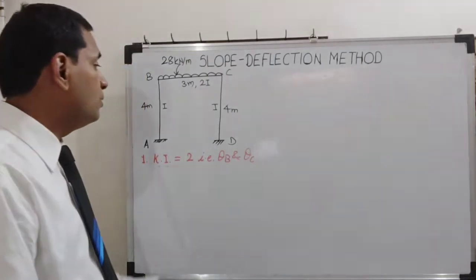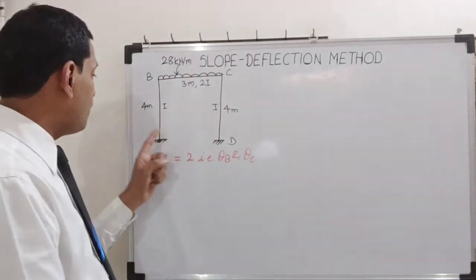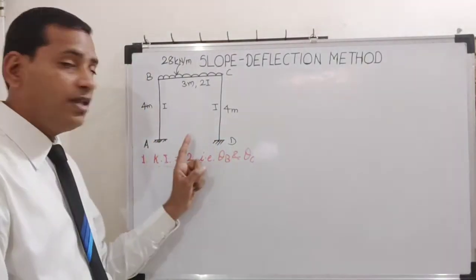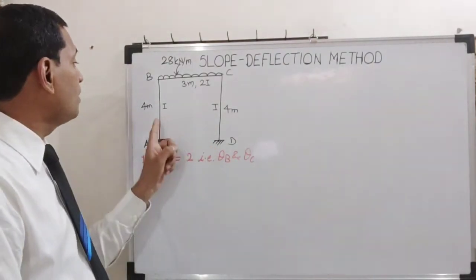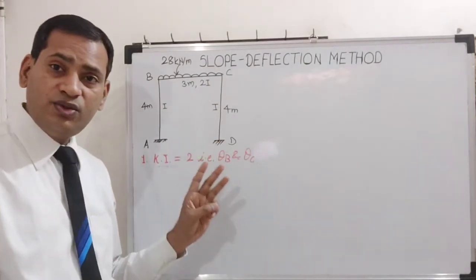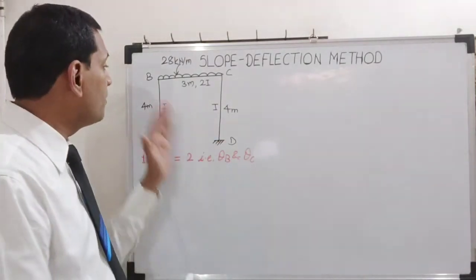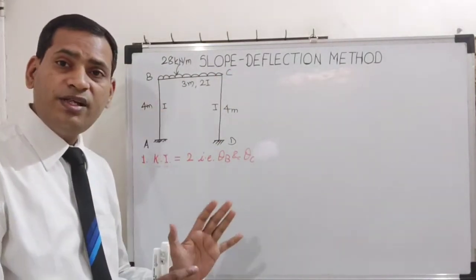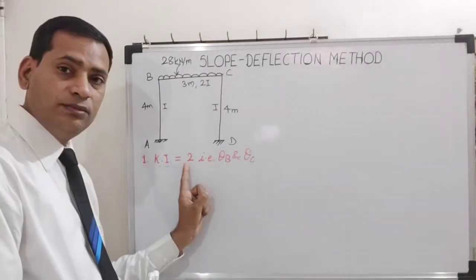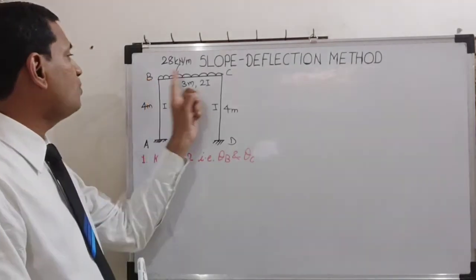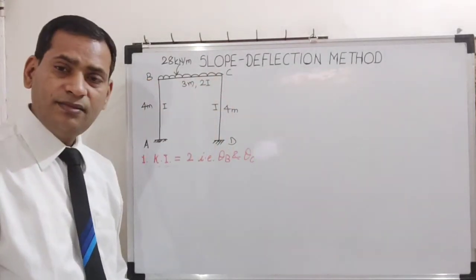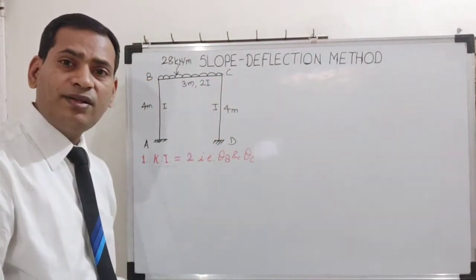Initially it was 12. From this we have deducted 3, so 9. This 3, 6. Number of members 3, so 6 minus 3 is 3. Sway of the frame, 3 minus 1, 2. So those 2 degrees of freedom are the rotations of joints B and C. Simple. So this is our step number 1.